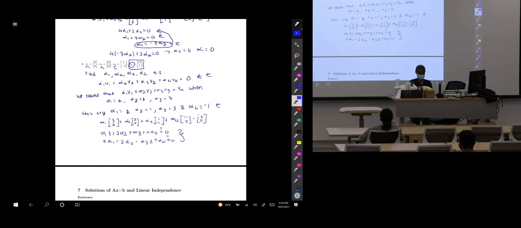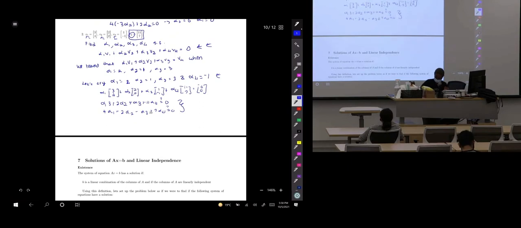So I'm going to say it one more time. If v4 is a linear combination of v1, v2, v3, then v1, v2, v3, and v4 are not linearly independent.